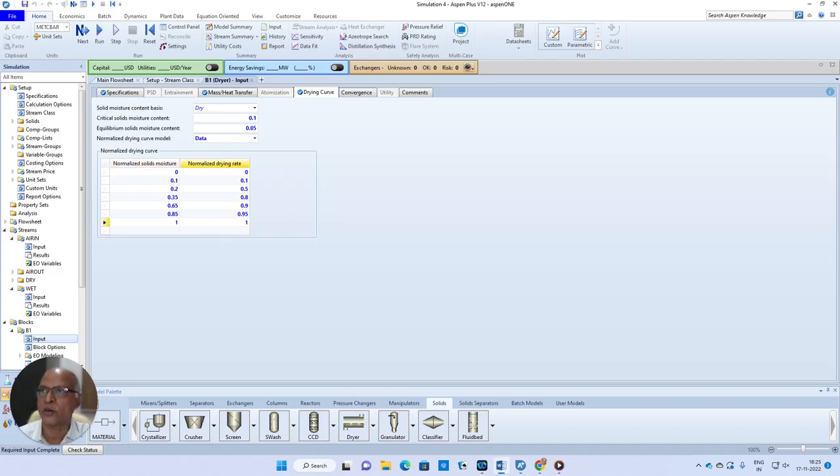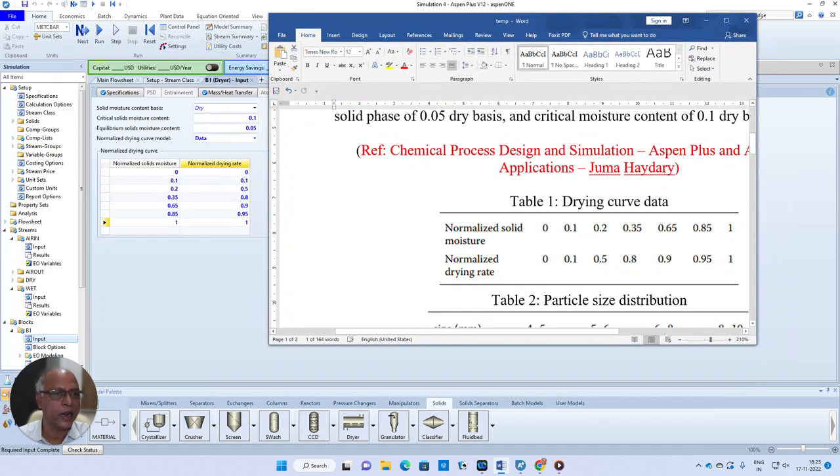So this is what I was referring to, the drying data which has been provided here.